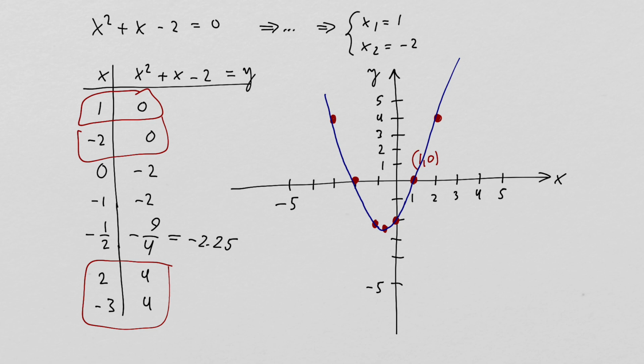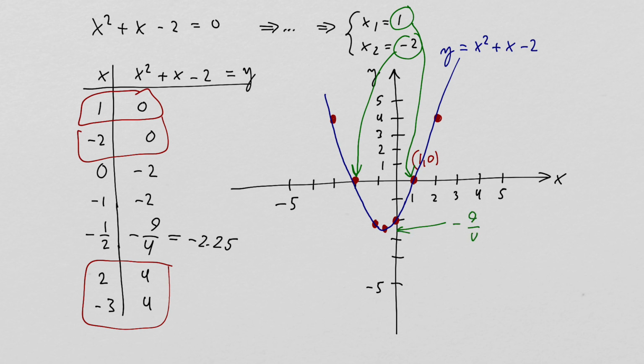And we can observe some facts about this polynomial. We can find the zeros as we should from here and from here. It seems that this value, minus 9/4, is the smallest value what the polynomial attains.